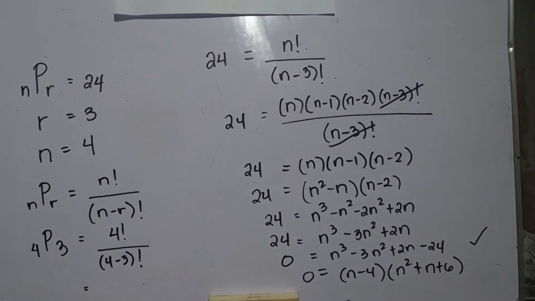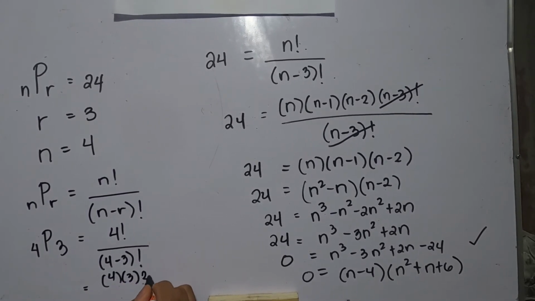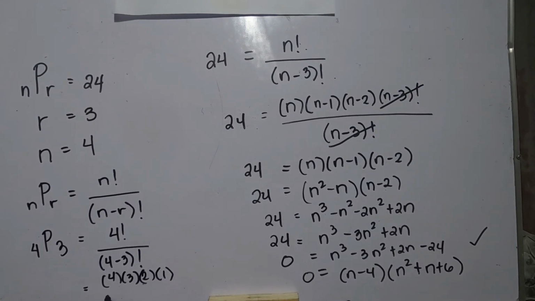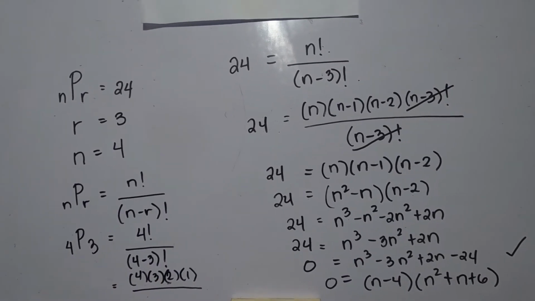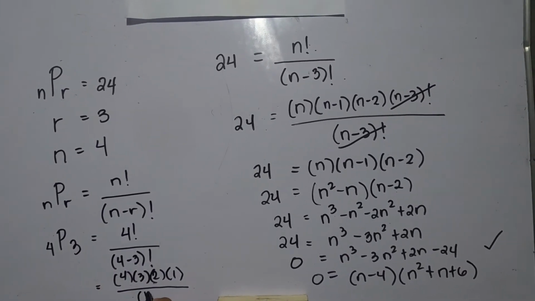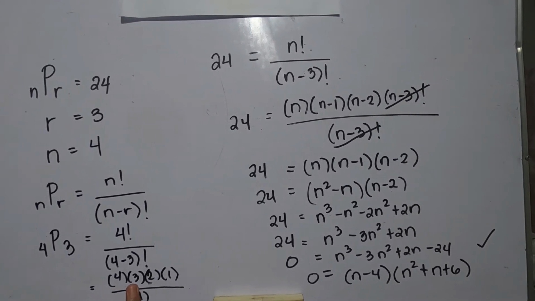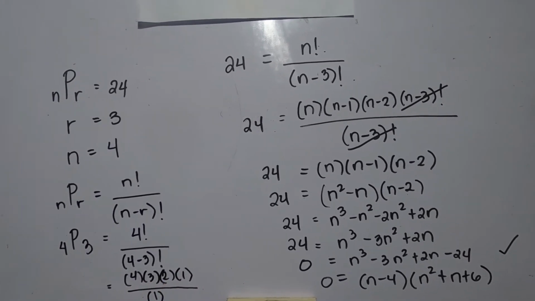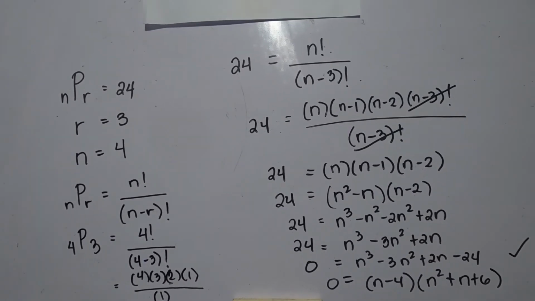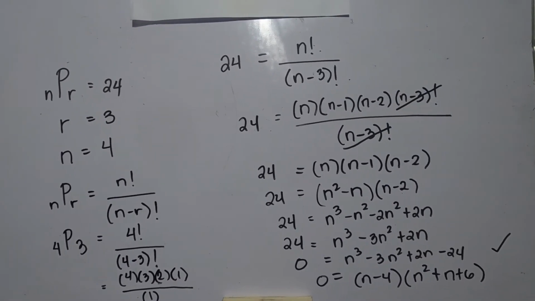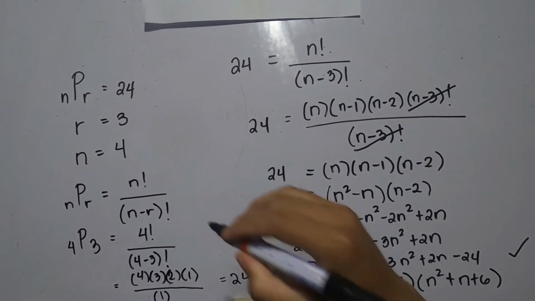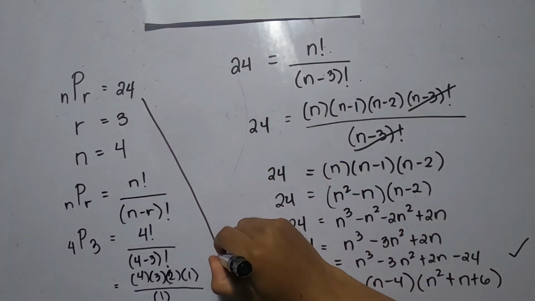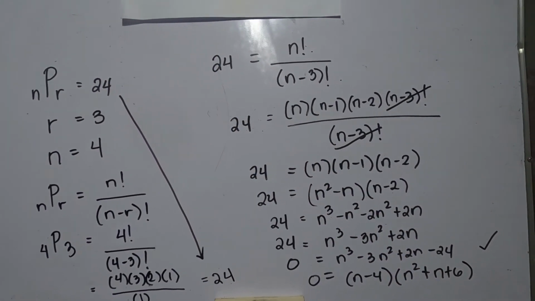By further evaluation, this becomes 4 times 3 times 2 times 1 divided by the difference of 4 and 3, which is 1, and 1 factorial is 1. So 4 times 3 times 2 times 1 is equal to 24. Divided by 1, that is equal to 24. That satisfies permutation of n taken r is equal to 24.